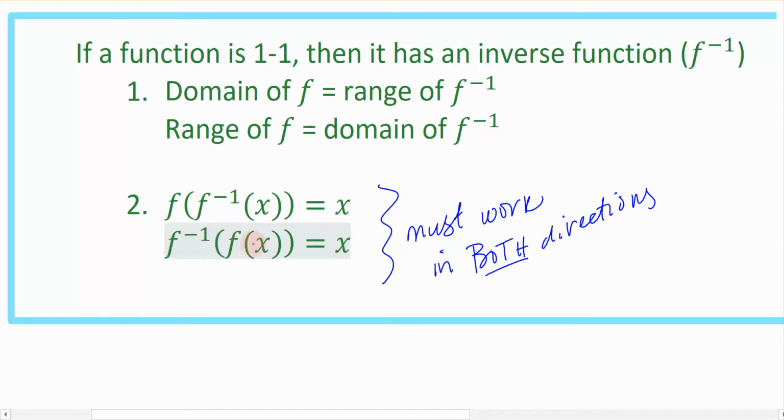F inverse of f of x must also be equal to x. Remember that composition of functions is not normally commutative. You can't just do one and assume the other direction always works. But if the function is one-to-one and they are inverses of each other, then it does give you back this x value here. So this is what we're going to be talking about for the rest of these videos on inverse functions.